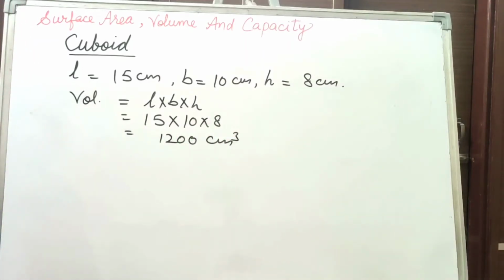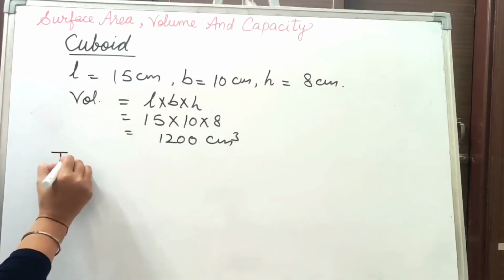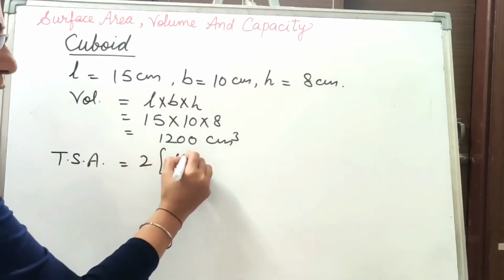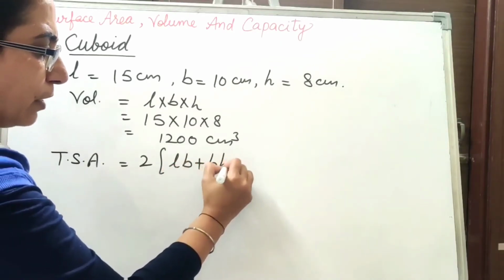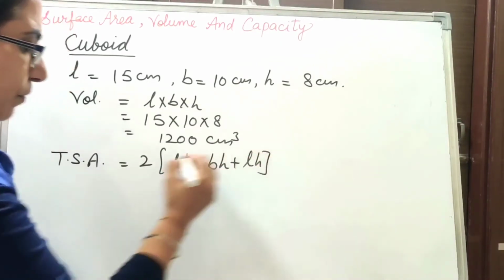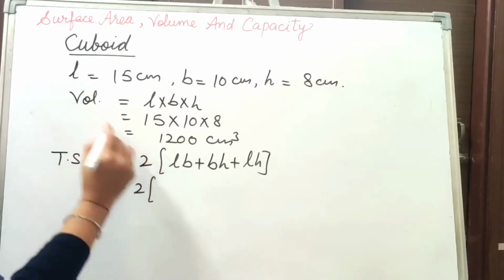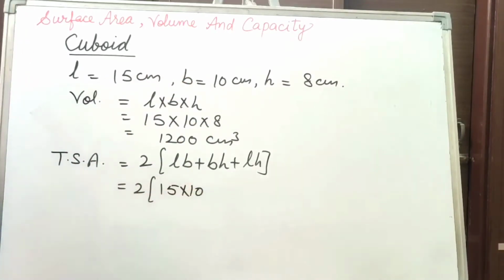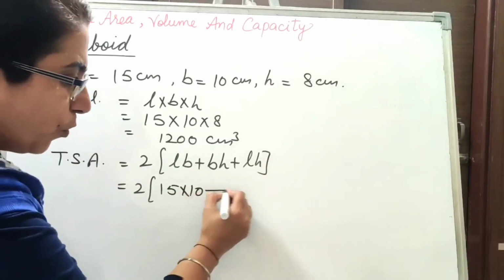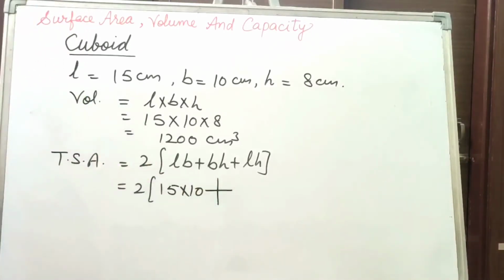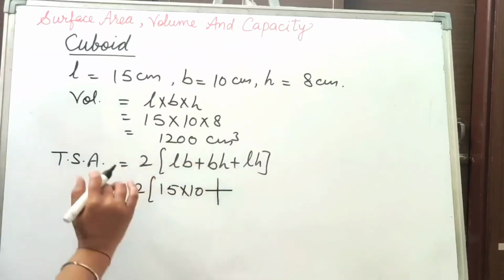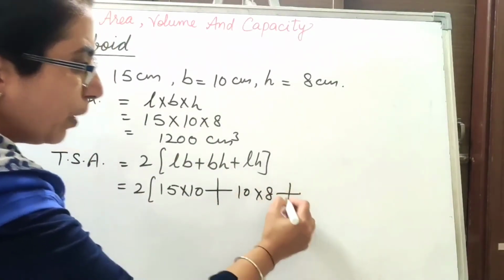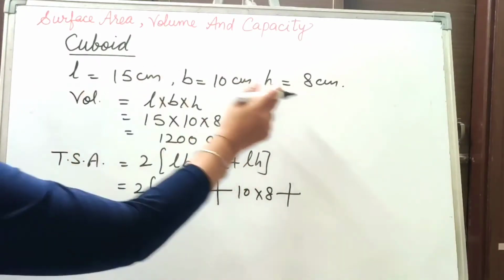This is the volume. And now we are finding total surface area of this cuboid, and we have formula 2 into LB plus BH plus LH, that is equal to 2 into length into breadth, 15 into 10, plus breadth multiply height, 10 into 8, then plus L into H, 15 into 8.